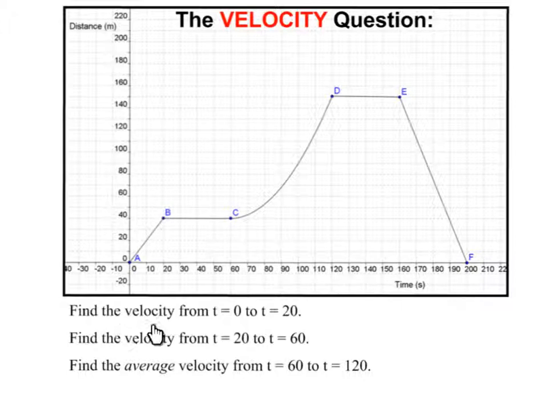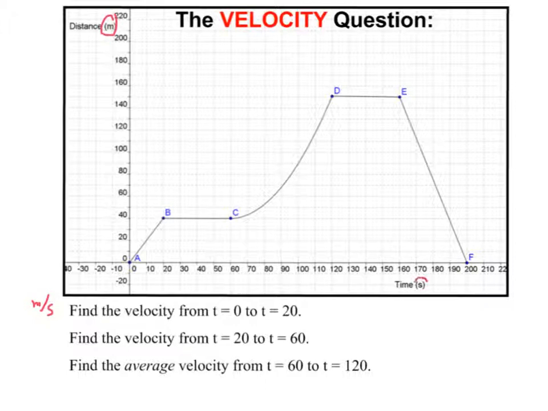So here it says find the velocity. Well, I'm going to use some units here. A lot of times thinking about units is really the easiest way and best way to think about how we get one answer from the information we've been given. So velocity in this case would probably be in meters per second. And again, we've got meters on the y-axis.